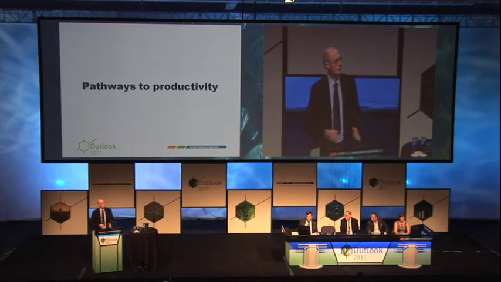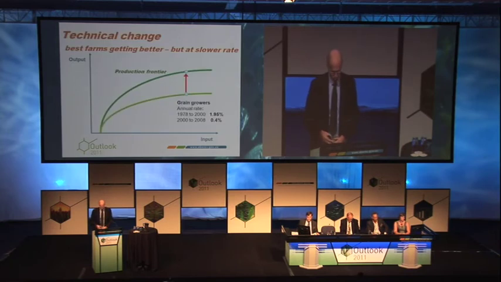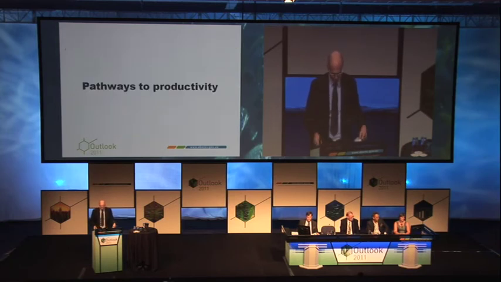Now, I want to talk a bit about pathways to productivity. Before I get there, there's basically three, in our view, three main ones. There's a range of ways to improve productivity, but we'd suggest there's three.